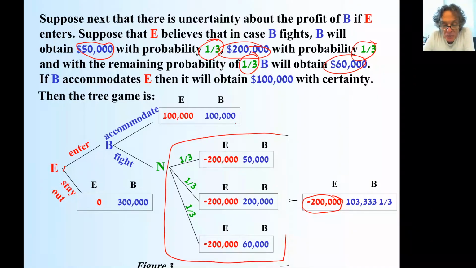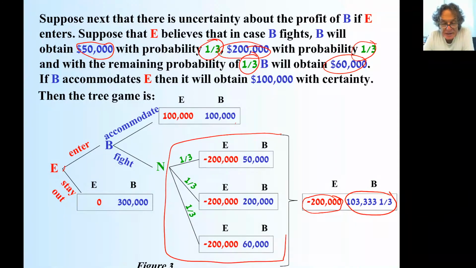What is the expected profit for B? It's an average: 1/3 times 50,000, 1/3 times 200,000, 1/3 times 60,000. So this is a regular average. What is it? 50 plus 200 is 250, plus 60 is 310. 310 divided by 3, this is the average.